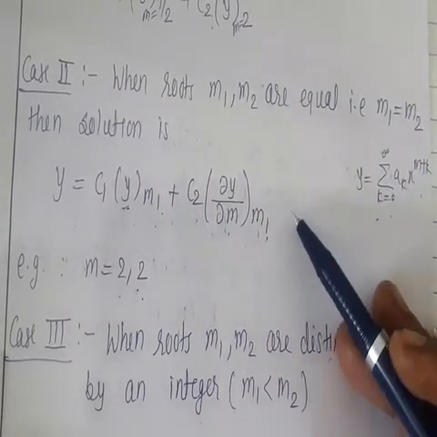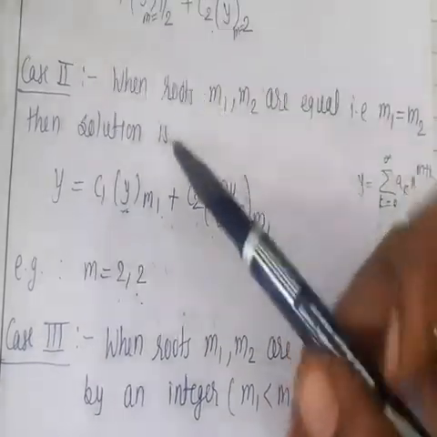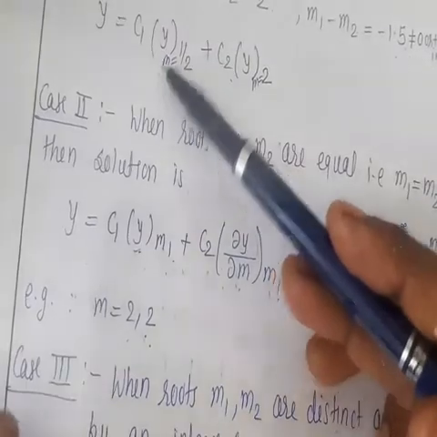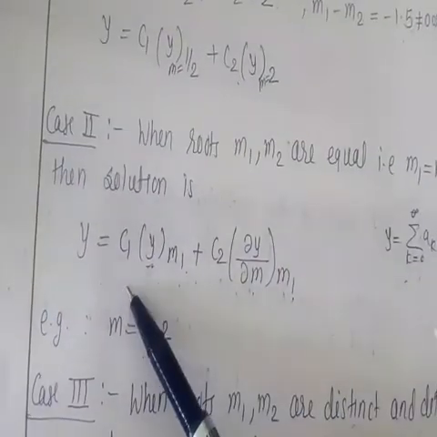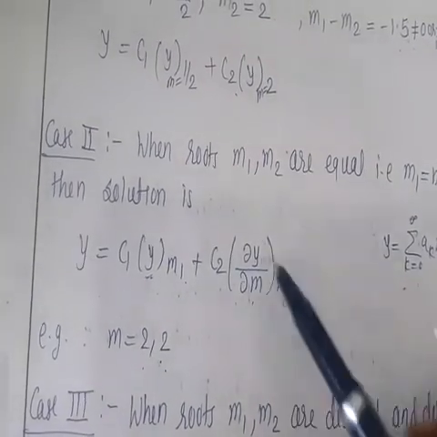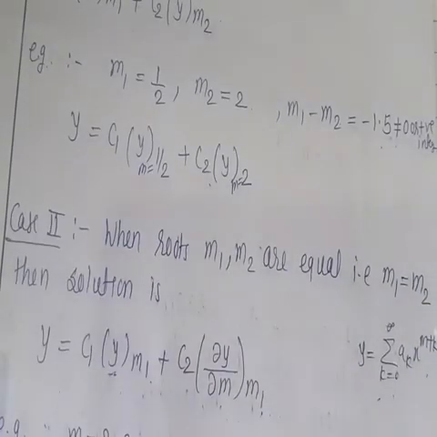So this is case number 2. So remember only two things. The solution is y is equal to c1 into y at m1 plus c2 into y at m2, and the second method is y is equal to c1 into y at m1 plus c2 into del y by del m at m1. So this is all about the introduction of the Frobenius method.